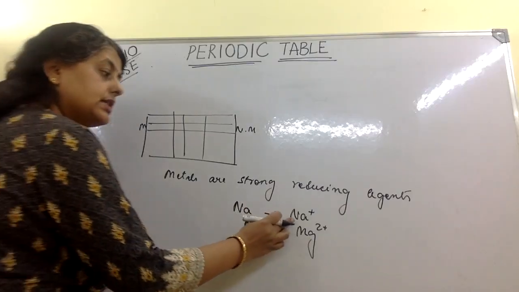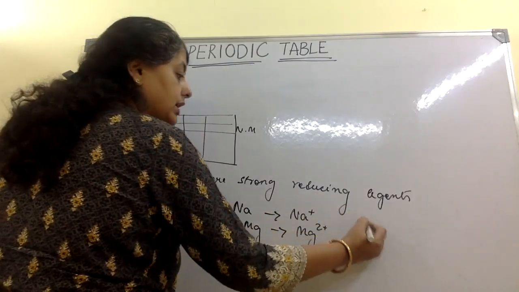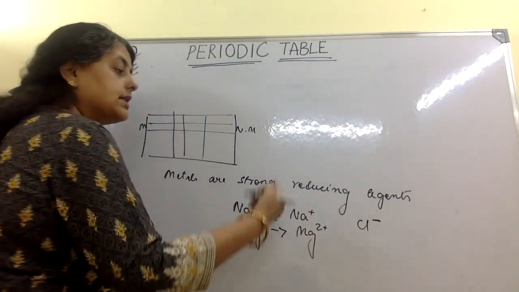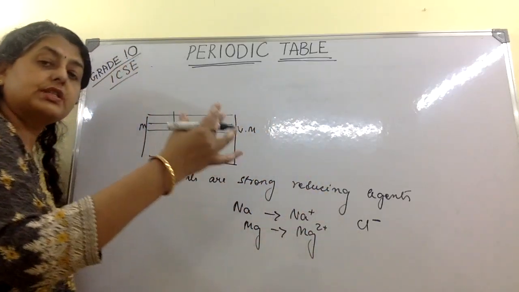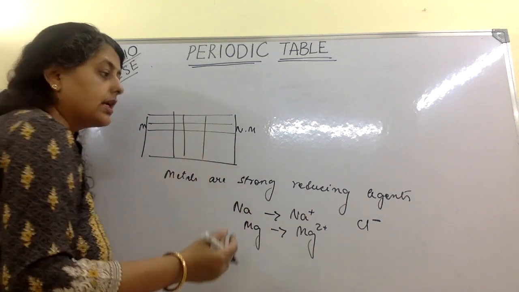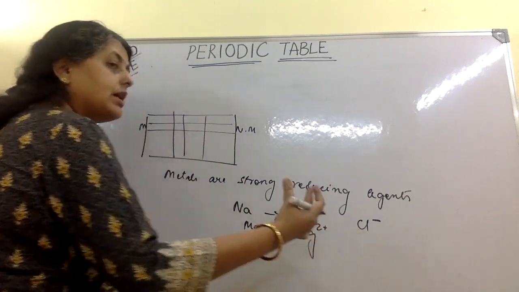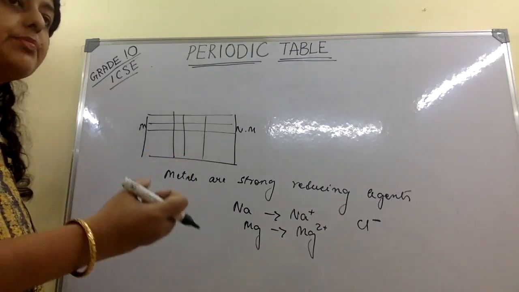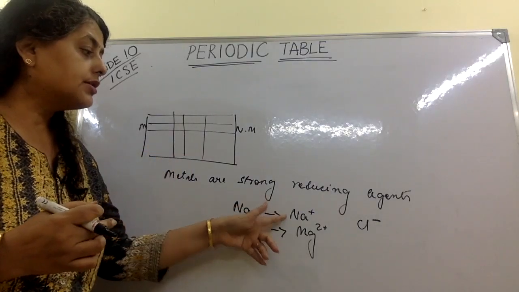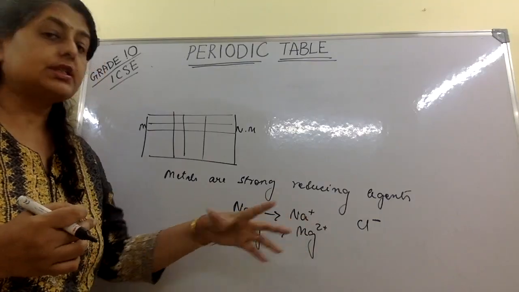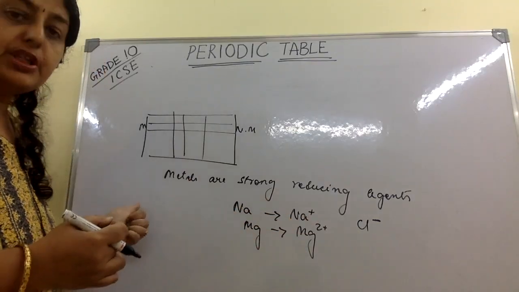So if Na is giving this electron to chlorine and chlorine on getting it becomes Cl-, then Na is the reducing agent, and Cl is the one which is getting reduced. So Cl gets reduced. When electrons are accepted, they become reduced.